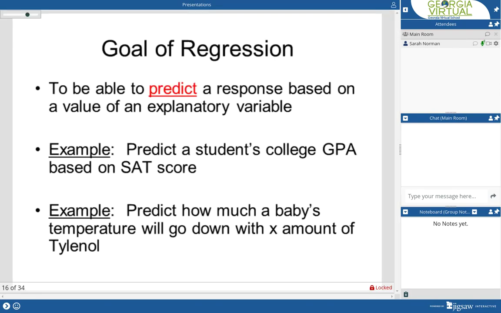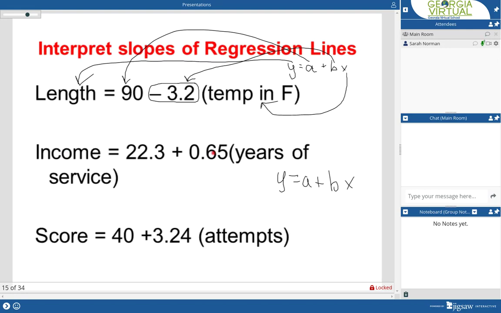The goal of that regression equation is to be able to predict a response based on a value of an explanatory variable. Let's go back to the previous example. Income, years of service. Let's say that you're at a particular company and you want to know how much you're going to make when you've been at the company for 5 years. Because maybe you're like, I don't know if this job has any potential.